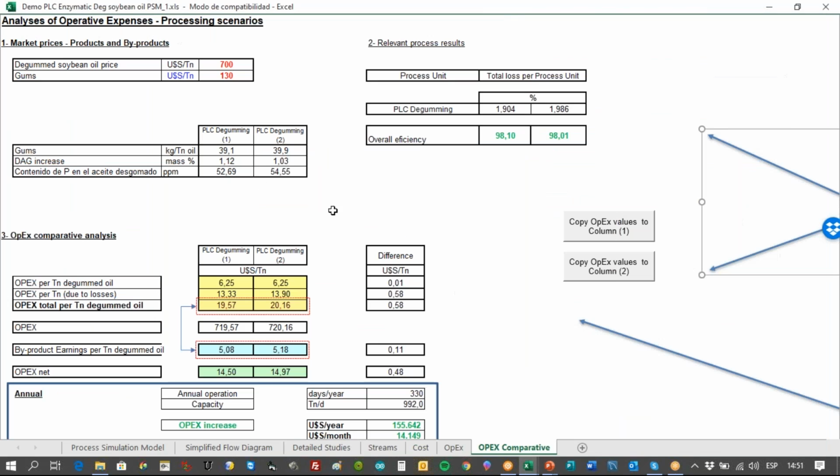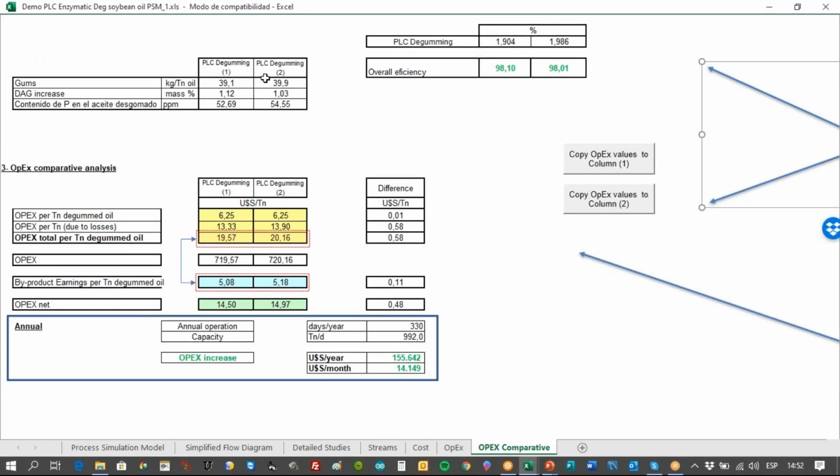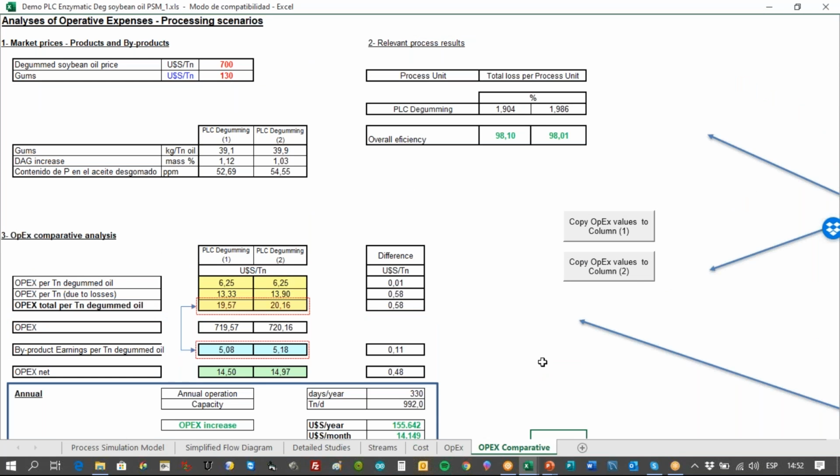But now let us check the new situation in terms of operative expenses. In this first column, I have put the expenses of the process, in terms of the OPEX per ton of crude oil processed. This is the expenses due to the oil losses, and finally this is the sum of both numbers.